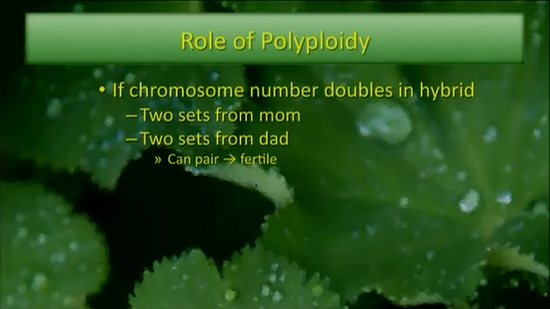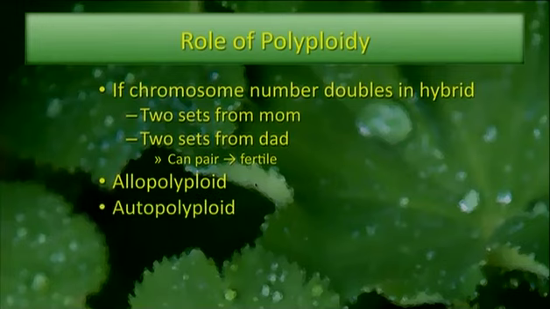Now a polyploid that comes from a cross between different species is called an allopolyploid, and a polyploid that comes from one species is called an autopolyploid. So it can happen in both cases: between different species hybridizing, or within one species breeding, giving autopolyploidization.